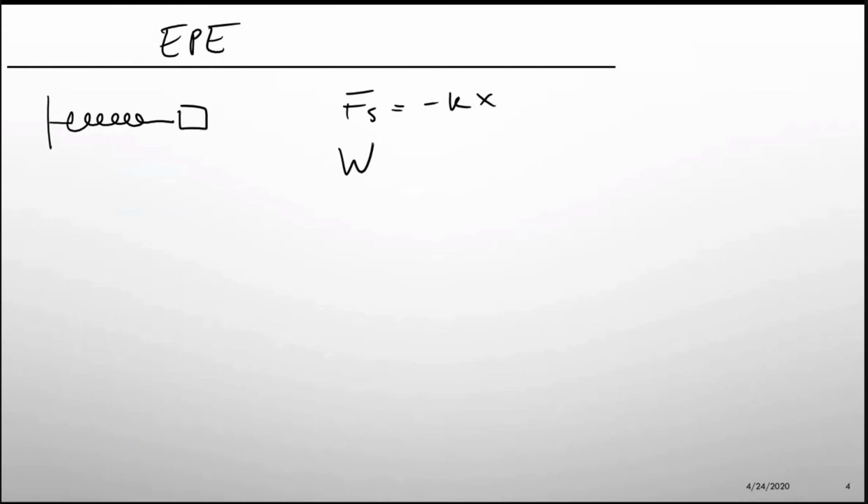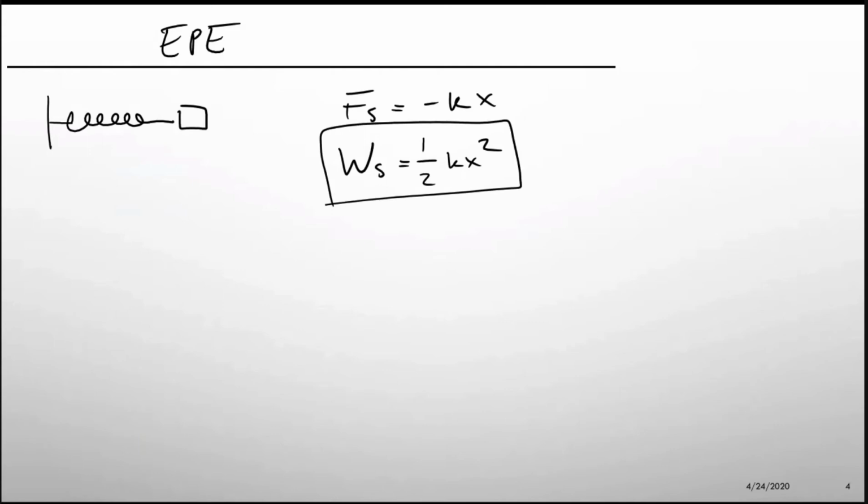Finally, we have elastic potential energy, and that is most commonly done by springs. So, the force of a spring is negative kx. The work done by a spring is 1/2 kx squared.